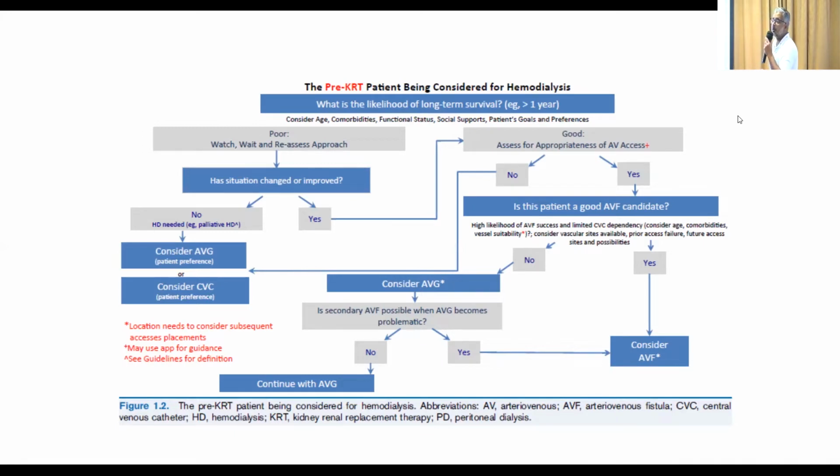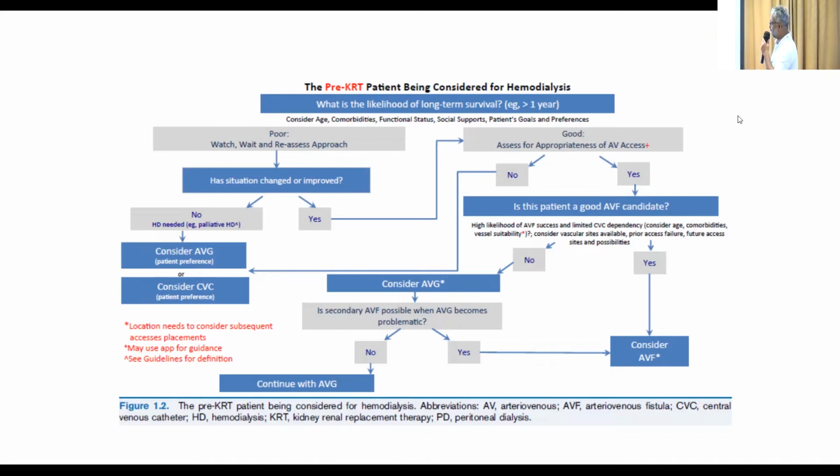There's a lot of conservative management of these patients nowadays. Patients who are 85 years old, 80-year-olds. Unfortunately, in our units, private units, they still dialyze. But in the West, these patients have now gone into more of a palliative approach.